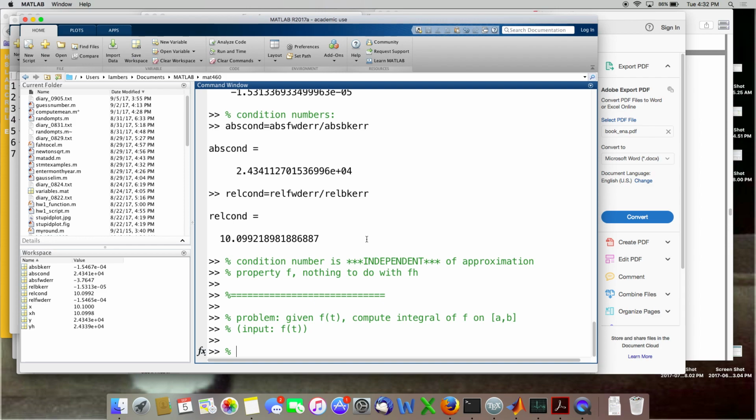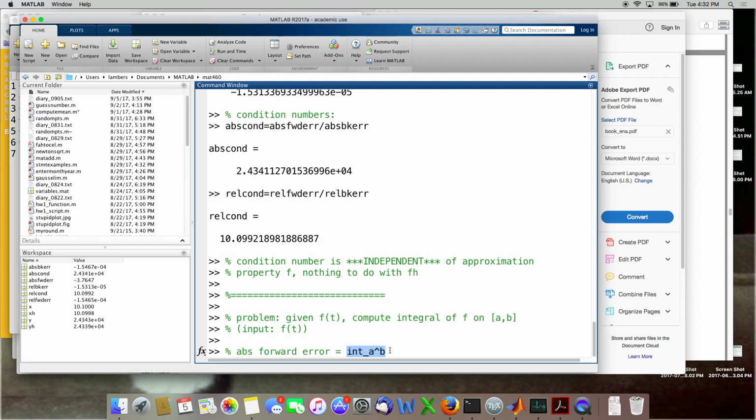Okay. So how we would understand the conditioning of this problem is the forward error. I should say the absolute forward error. So that would be the integral, and I'm going to use this notation, integral from a to b. So think of a as a subscript by the underscore, b as a superscript.